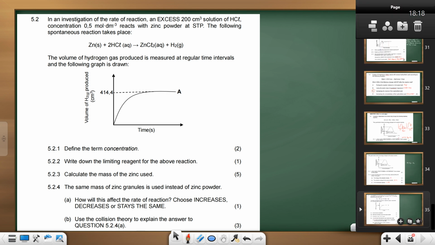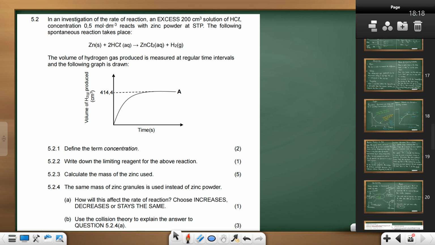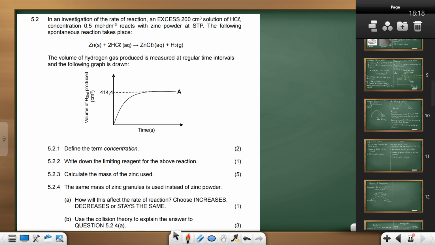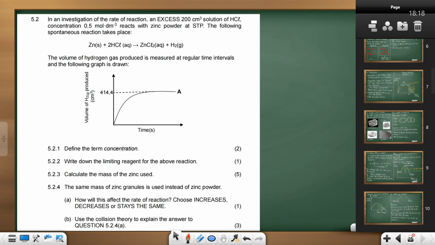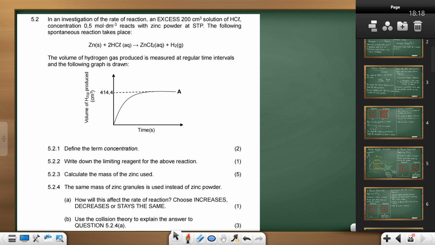Define the term concentration. Number of moles per unit volume. I'm taking you back. This note is a prediction of all question papers. Huh?